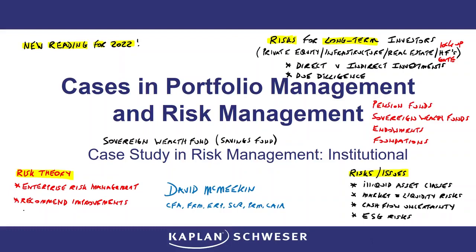When you think about managing the risk overall, then you've got to think about the synergies and how we think about more firm-wide risk management. And so we have some theory, and one of the learning outcomes in this new area is for you to analyze and recommend some improvements. So we are going to incorporate some risk techniques and methodologies in here as well. Okay, everyone ready to make a start then?